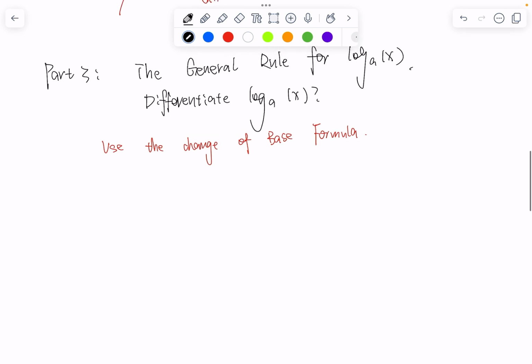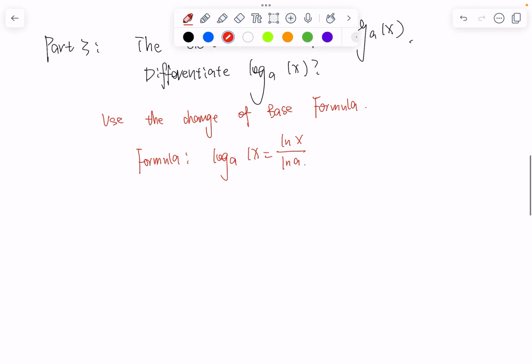The change of base formula tells us this. This is the formula. So now look at the right side. ln a is a constant.